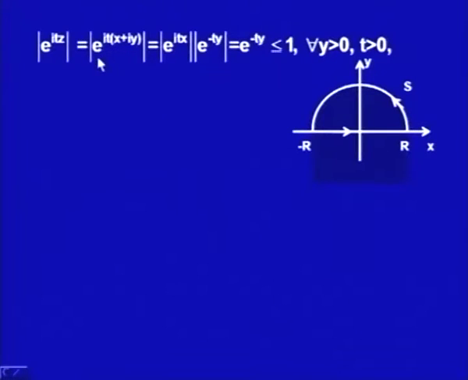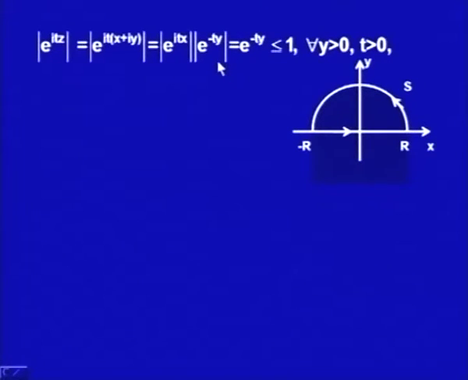Substituting z as x plus i y, we would get e to the power i t times (x plus i y), which gives e to the power i t x times e to the power i t into i y, that is e to the power minus t y. So, we would get the absolute value of e to the power i t x times the absolute value of e to the power minus t y.